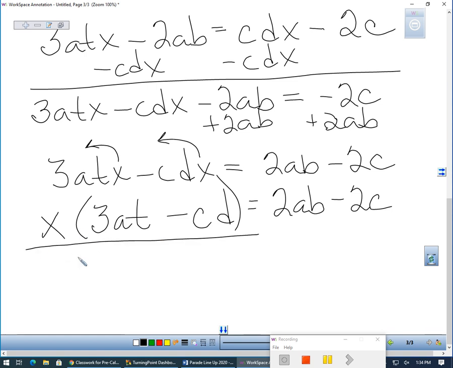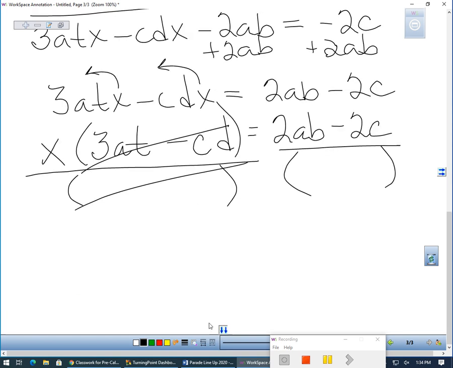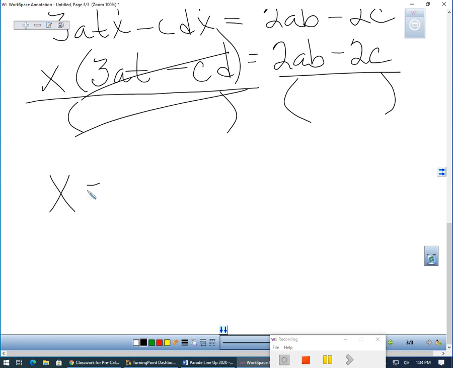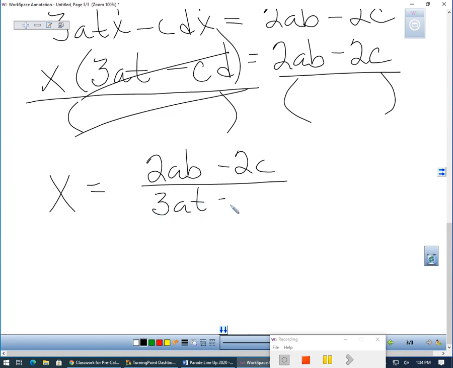Divide. Got to divide by that parenthesis to both sides. Cancels the parenthesis. And so your final answer is x equals 2ab minus 2c over 3at minus cd. Perfect. Absolutely right.